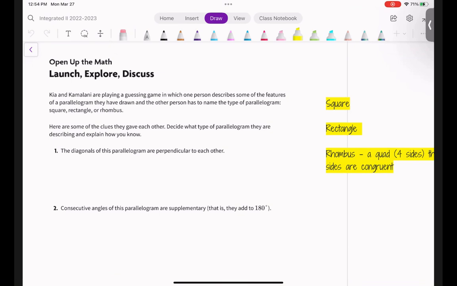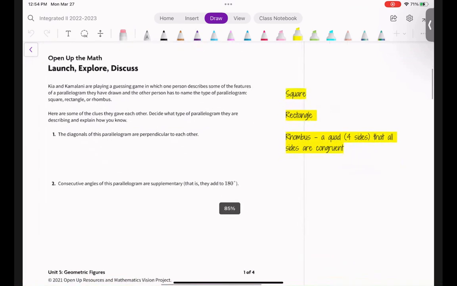What makes a rectangle or a square a square? Oh, yes.